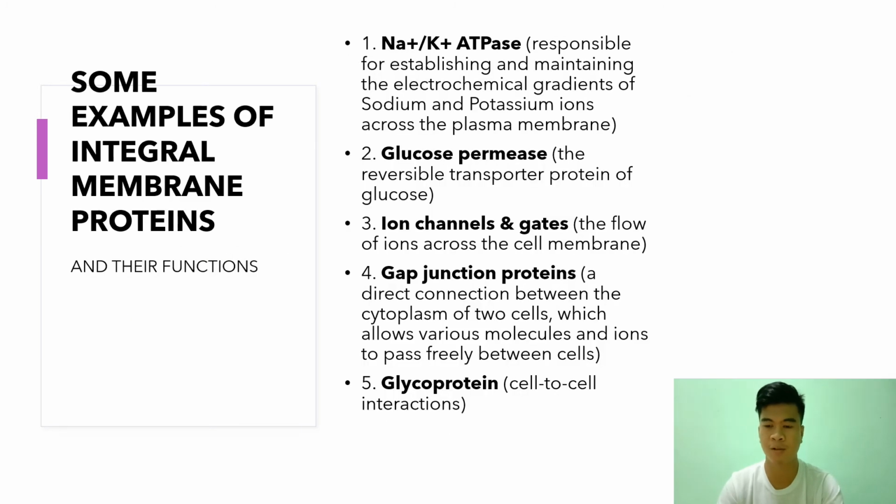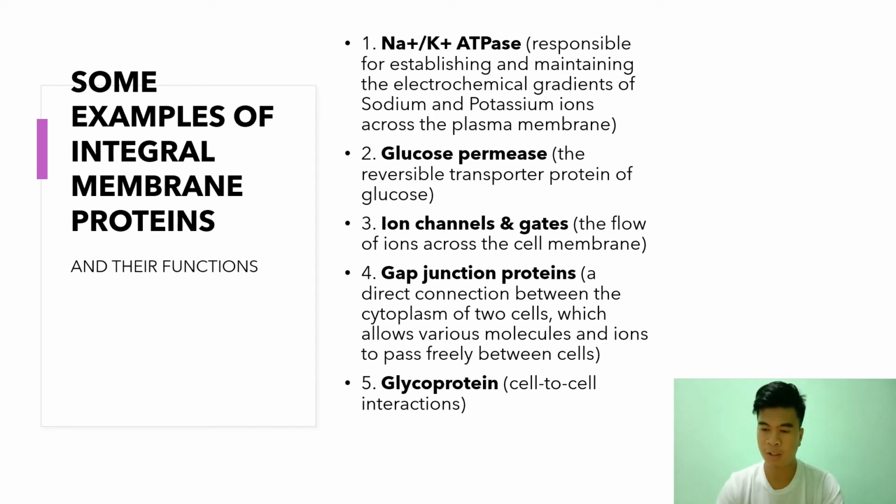Here are some examples of integral membrane protein. Number one is the Na plus or K plus ATPase, responsible for establishing and maintaining the electrochemical gradients of sodium and potassium ion across the plasma membrane. Number two, glucose permease, the reversible transporter protein of glucose.